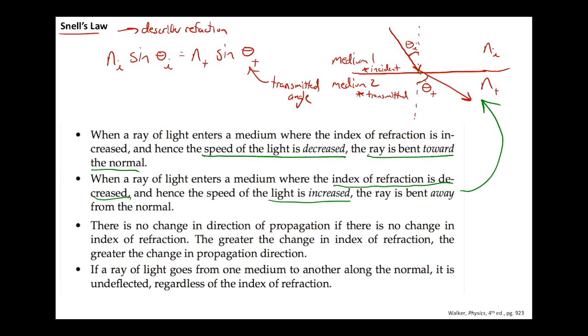And then the last one, if it travels directly along the normal line. In other words, if the light were coming directly down this line, perpendicular to the interface between the materials, nothing happens. There is no bend. It would just continue directly through.